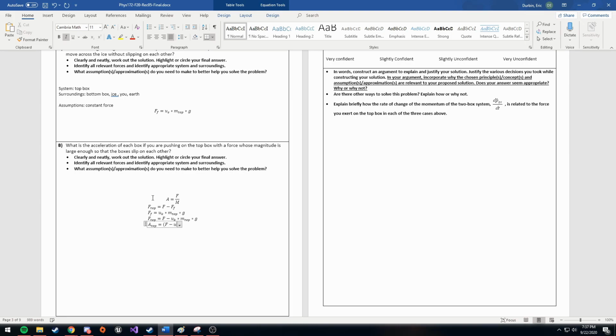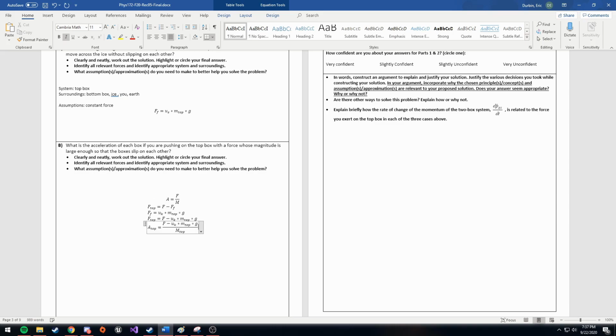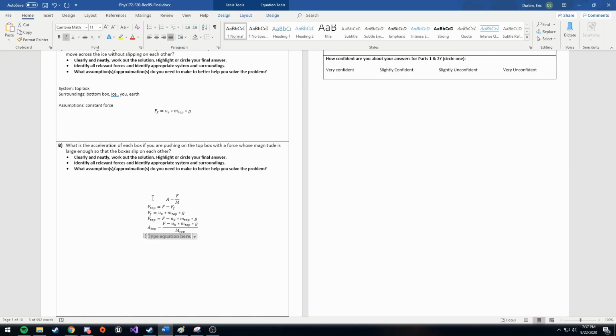I just wrote down. Yeah, I think it's better to do that maybe. Maybe, I don't know. Oh wait, or no, never mind. But right, so that's the acceleration of the top.